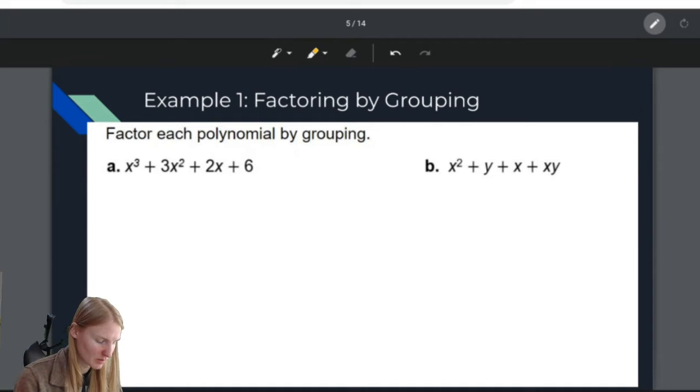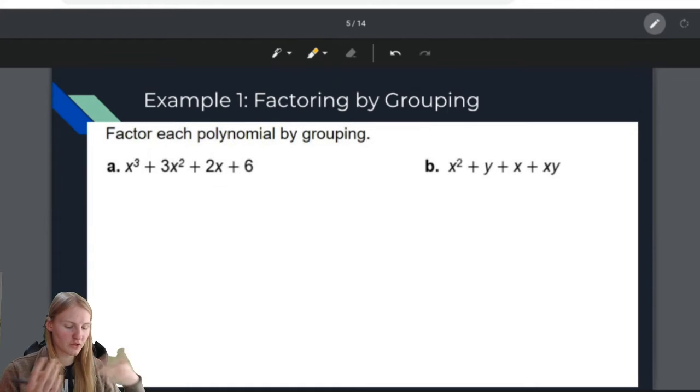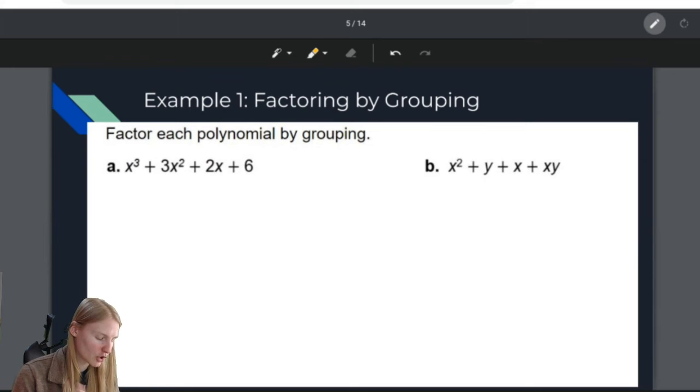Factor each polynomial by grouping. The last slide just said that we should take these 4 terms and we should split them up into pairs. Now, which ones you pair with which? You want to pair terms together that have something in common.